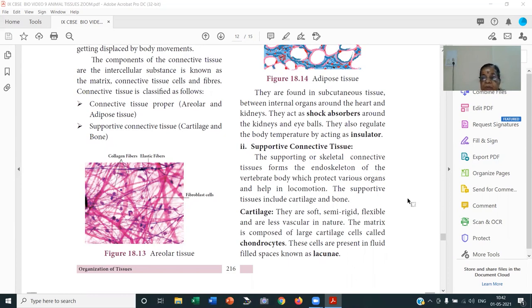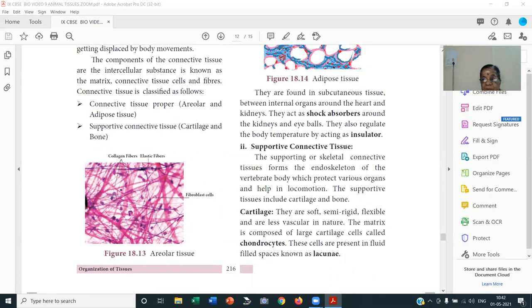The matrix is composed of large cartilage cells called chondrocytes. These cells are present in fluid-filled spaces known as lacunae. I hope you understand. The areolar tissue is the thick and thin lines in the figure.